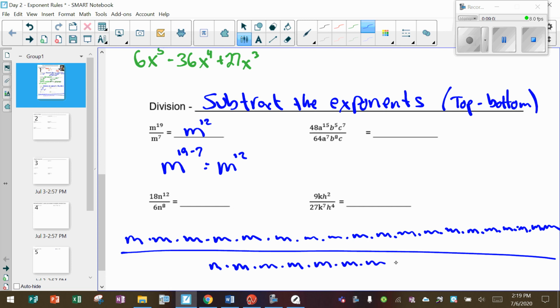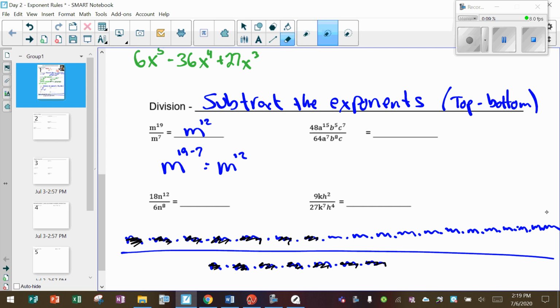What happens is every time I divide an m by itself, that's just 1. So since this is all being multiplied together, when you multiply times 1, nothing changes. If I can take every m divided by itself and get rid of them, that means the 7 m's on the bottom would cancel out with 7 of the 19 m's that were on the top, leaving me with m to the 12th. So that's where the subtraction thing comes from.